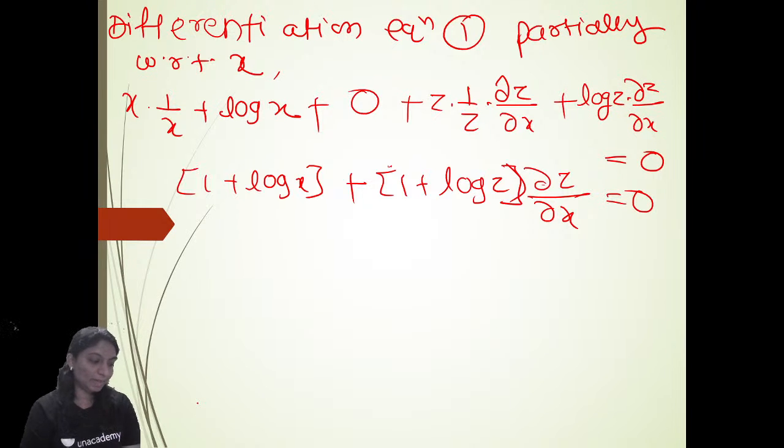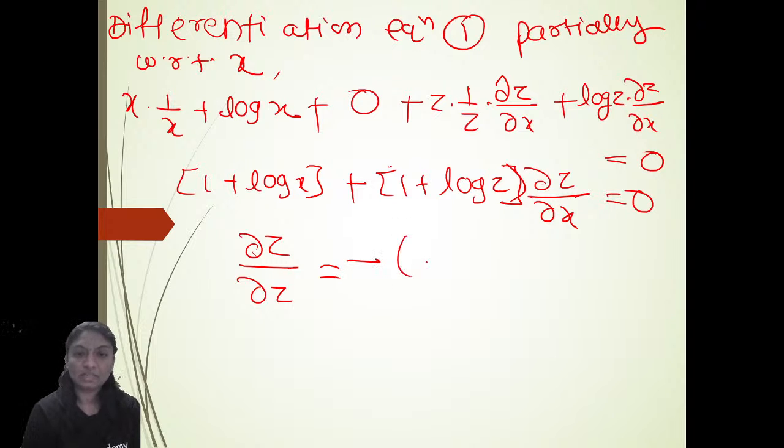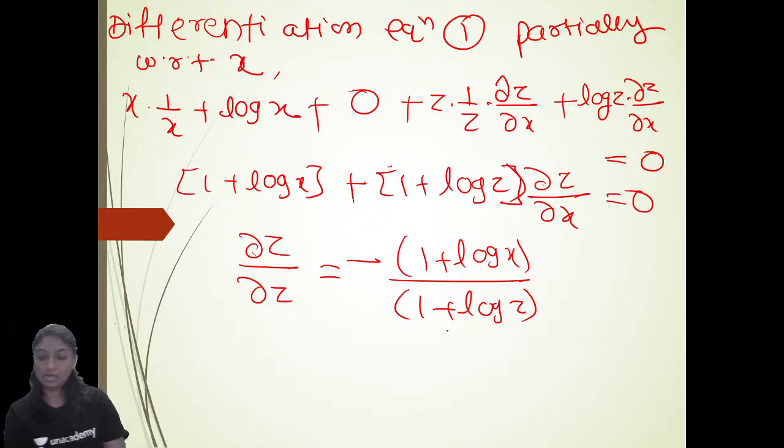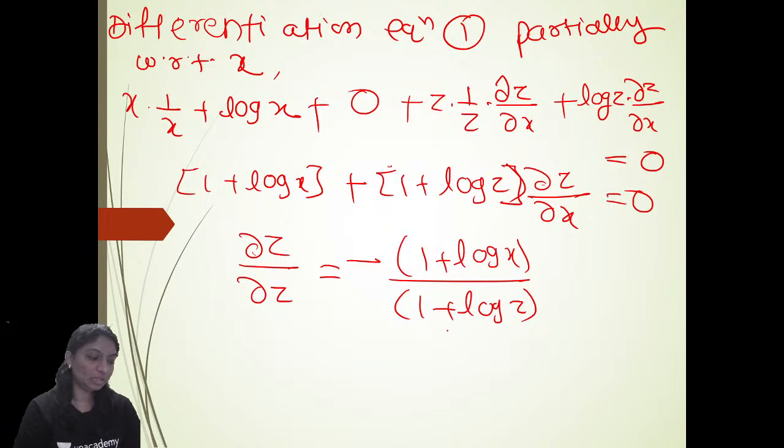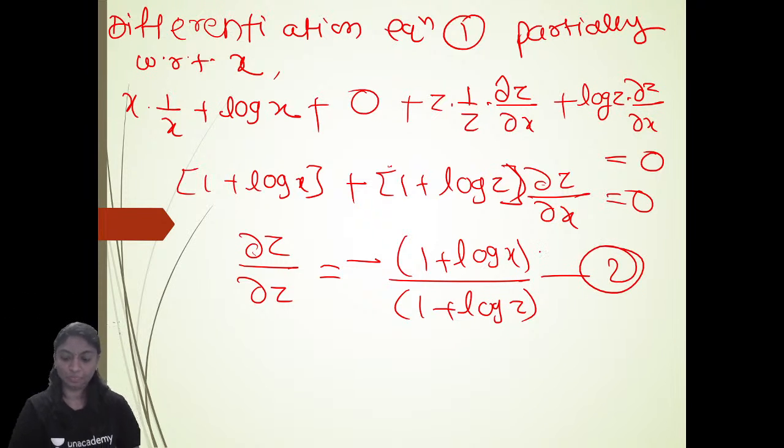So you will get here ∂z by ∂x is equal to minus 1 plus log x upon 1 plus log z, right? Call this equation number 2.